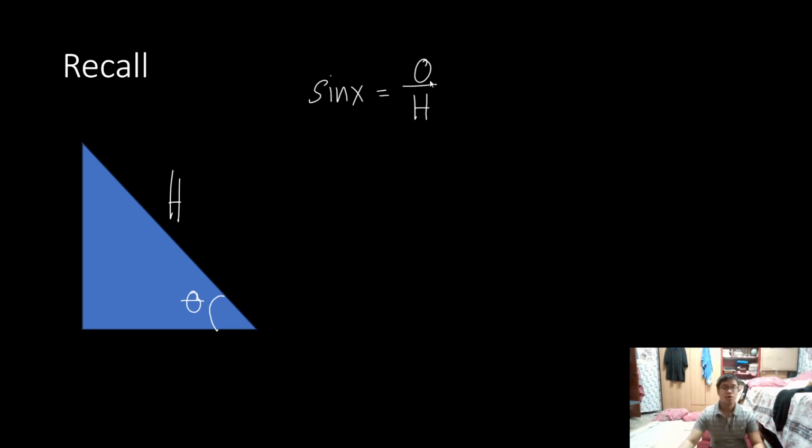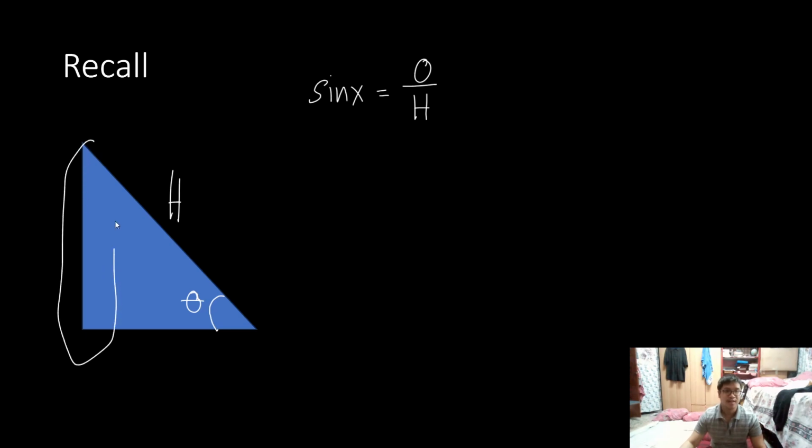Then we have your O. Your O is your opposite side. The opposite side is basically the non-adjacent side, or in other words, it's not beside the angle. A side that is not beside the angle is what you call the opposite side.